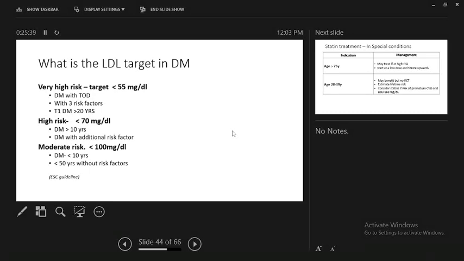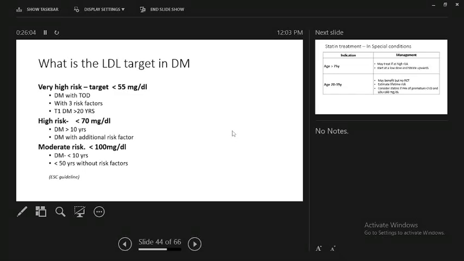So what is the LDL target in diabetes? If they are at very high risk, the target is again less than 55, for diabetes with target organ damage. If they have microalbuminuria, that is adequate to consider keeping the LDL less than 55. If they have multiple risk factors, or if their diabetes is more than 20 years, you can straight away set the target at this level.